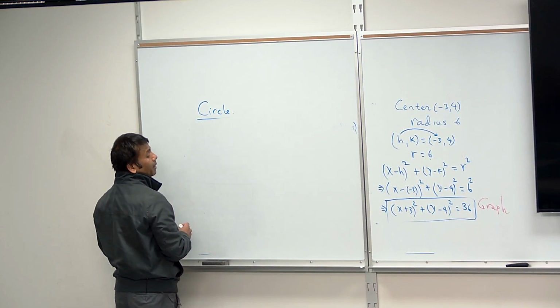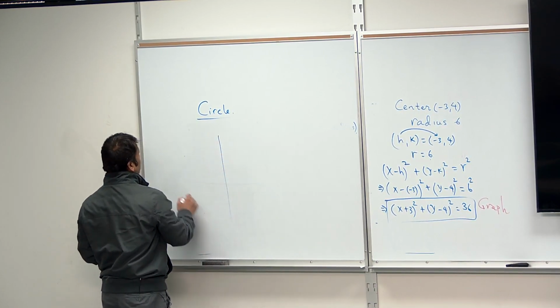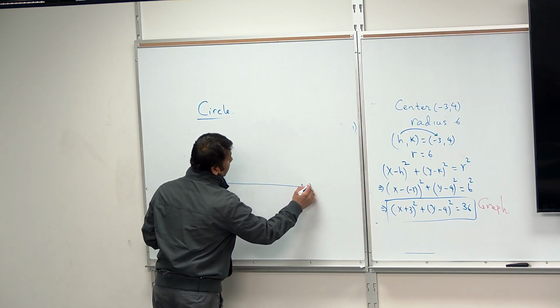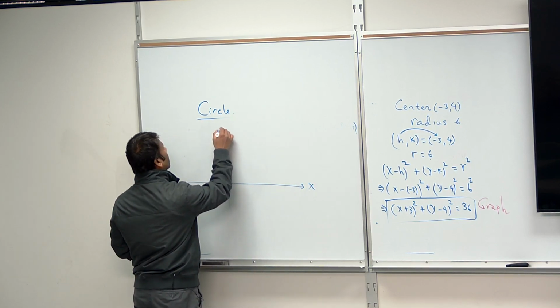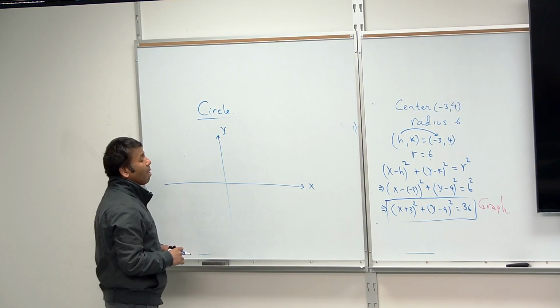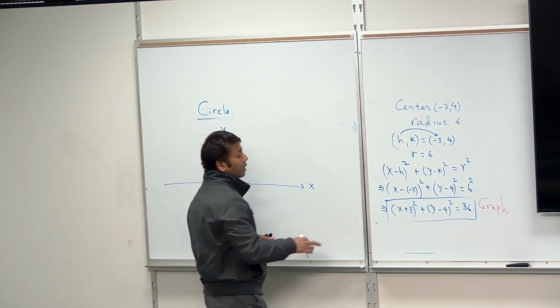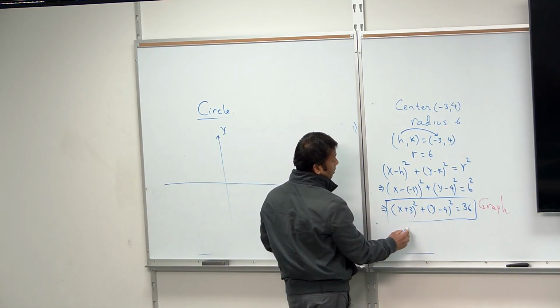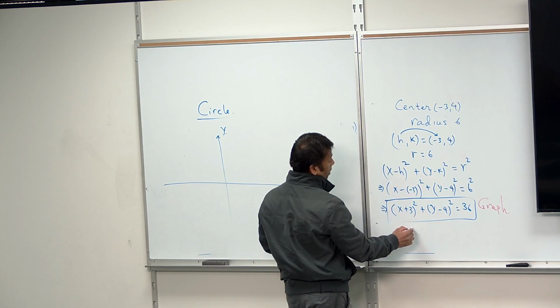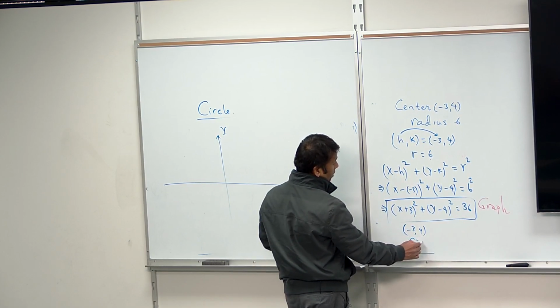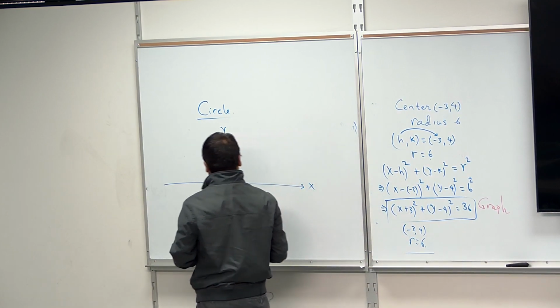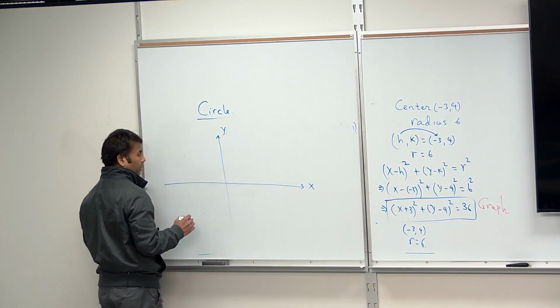If you want to graph it, guys, you have this as your x-axis, this is your y-axis. And your center is (-3, 4). Center is (-3, 4). And what is the radius? Radius is 6 unit.